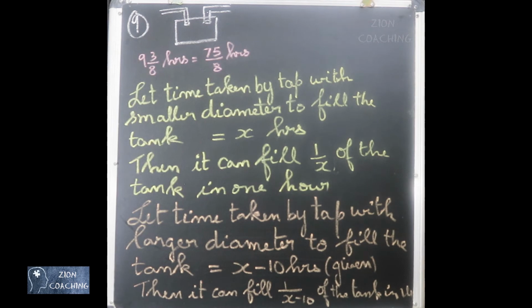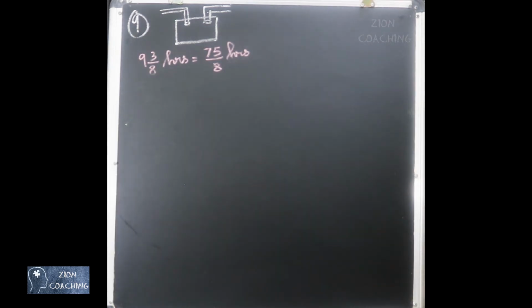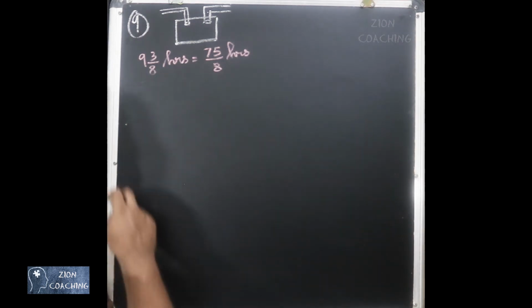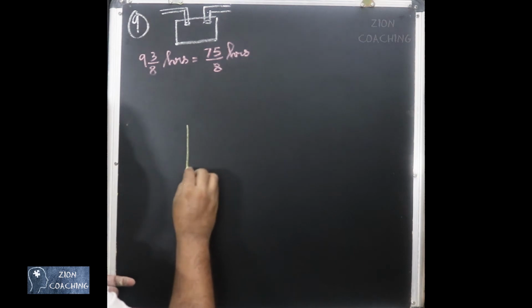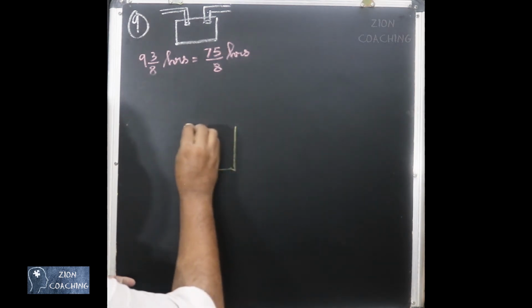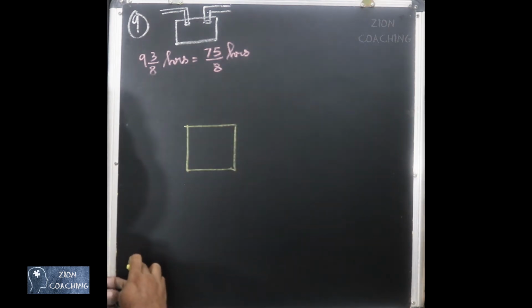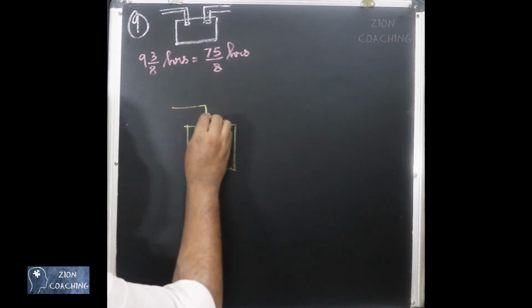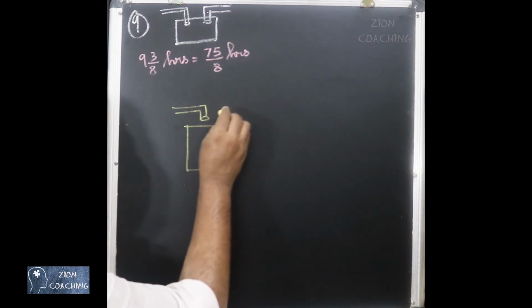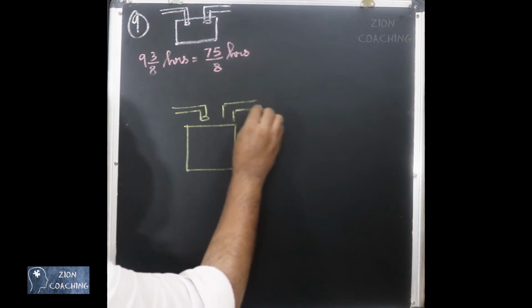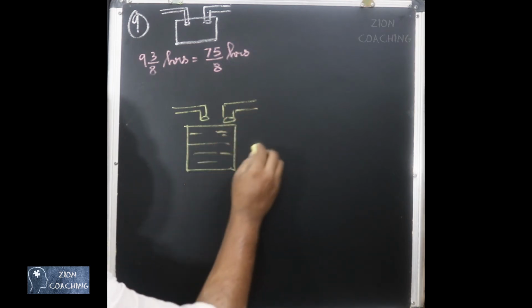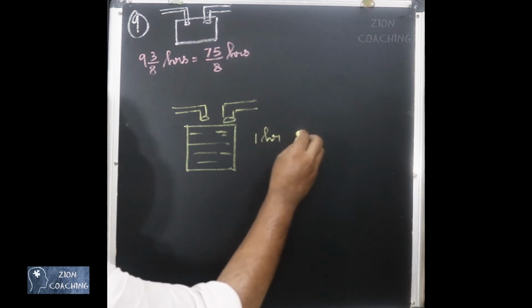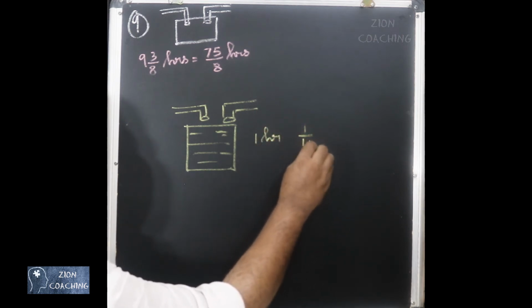Now using this, we are going to form an equation. Before forming the equation, I am going to explain one more thing to you. I will take the same example. Suppose both the taps together take 10 hours to fill this tank, then in 1 hour they would have filled 1 by 10th of the tank.